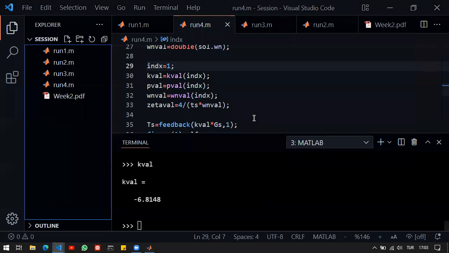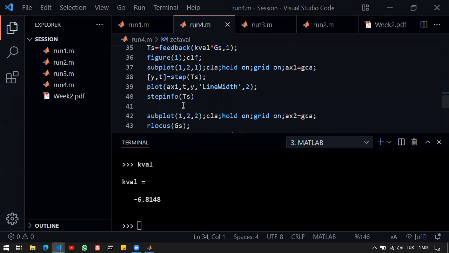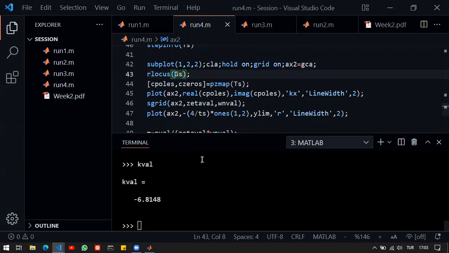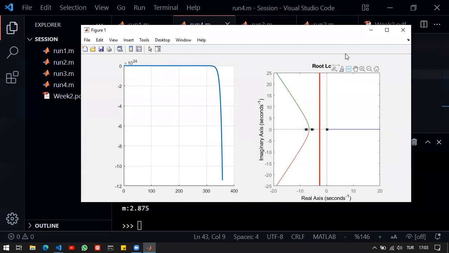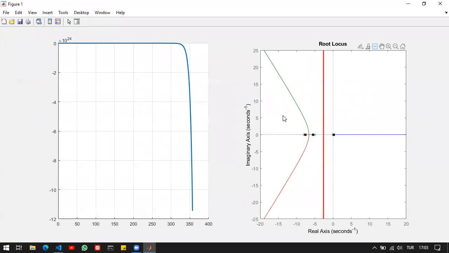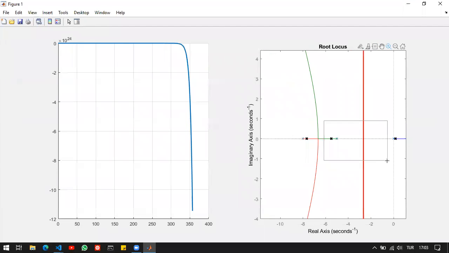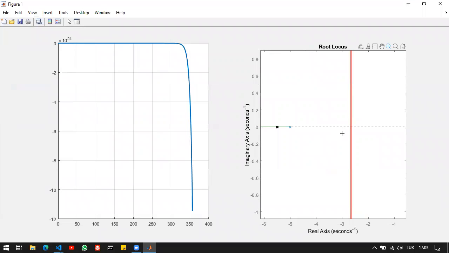But what I can do is look for the negative root locus by just including a minus sign here. Here, we still have a problem because it's still not on the root locus.